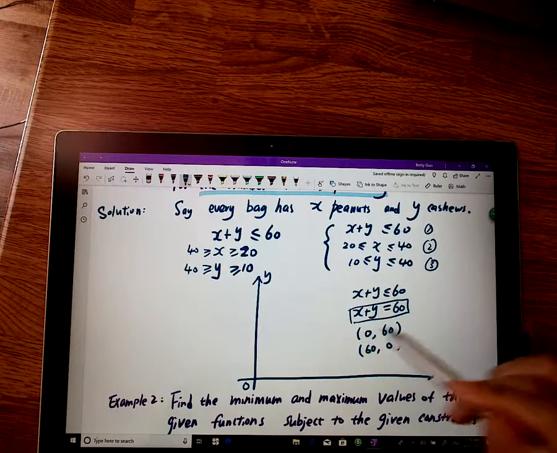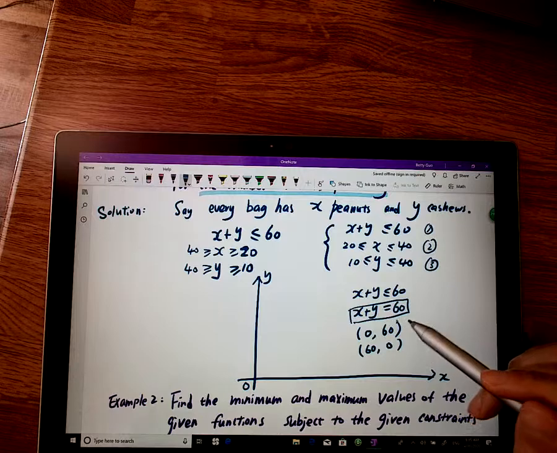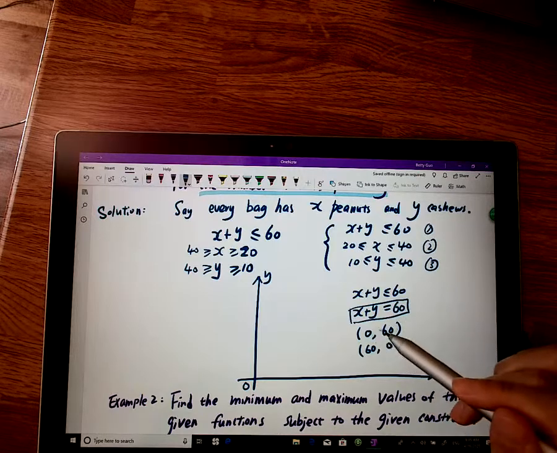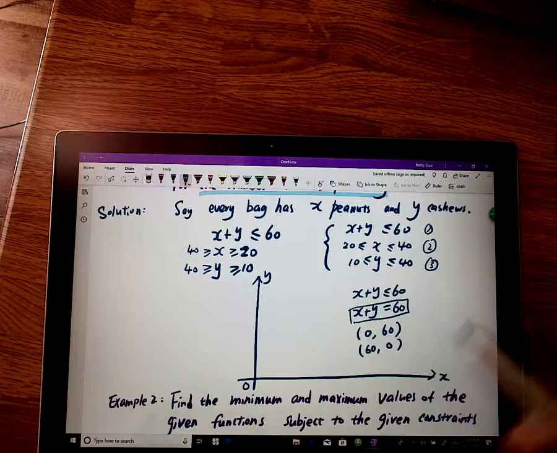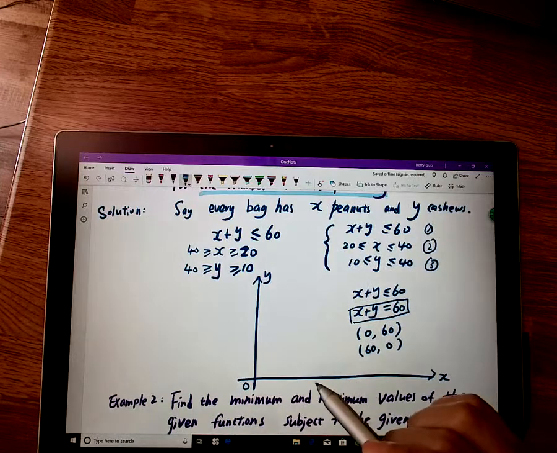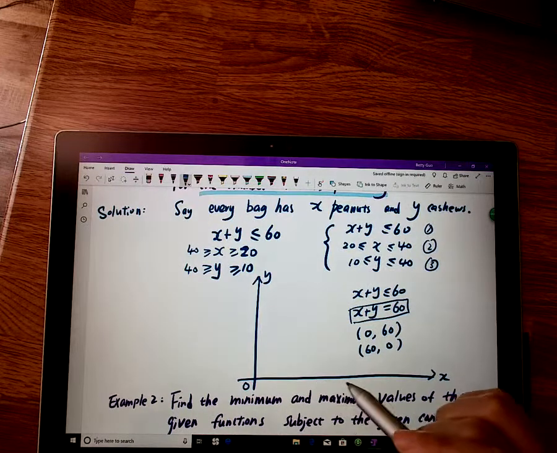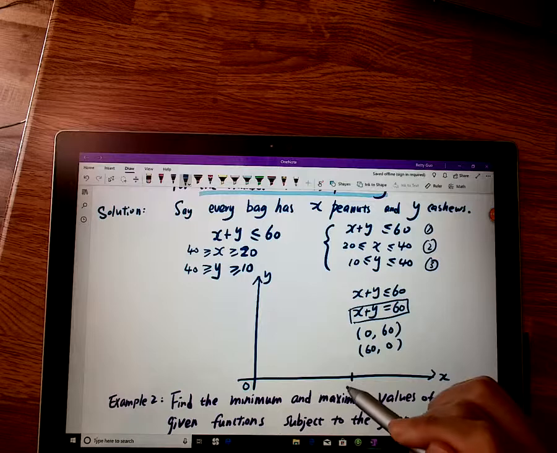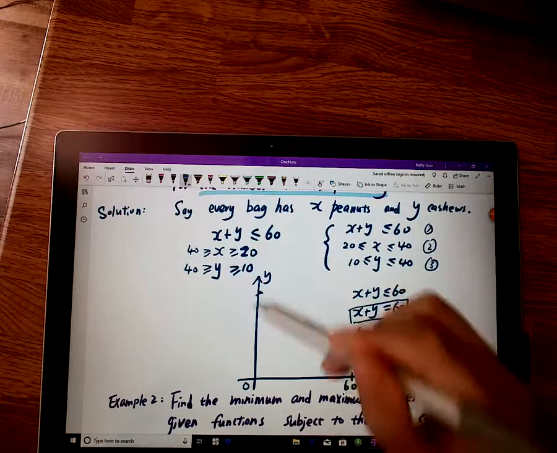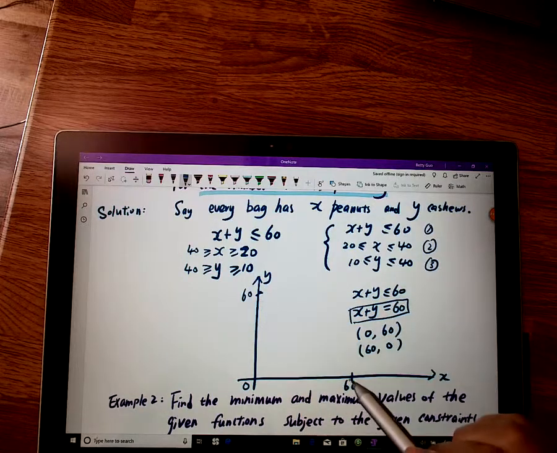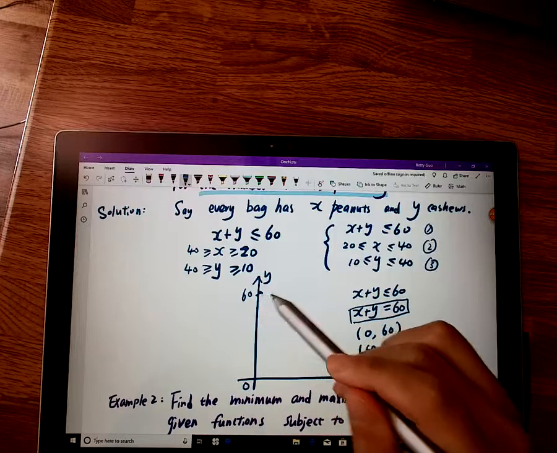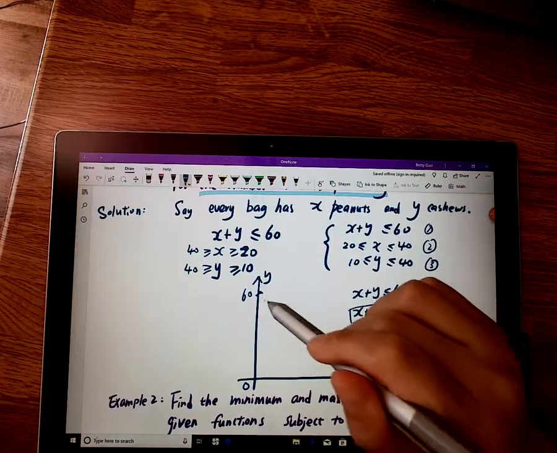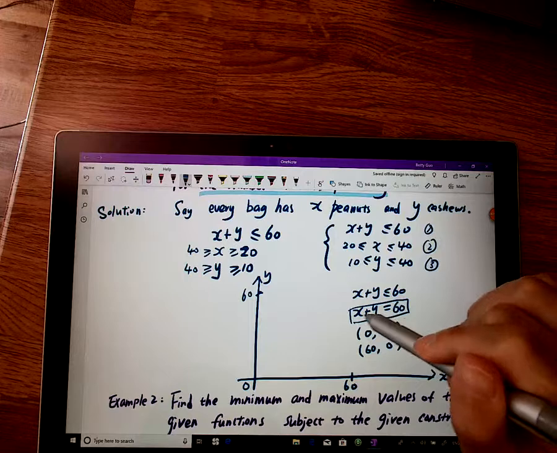Then let's plot those 2 points. Let's say this is 60, and this is 60. So this is 60 comma 0, this is 0 comma 60. We connect those 2 points, and we have the boundary line.